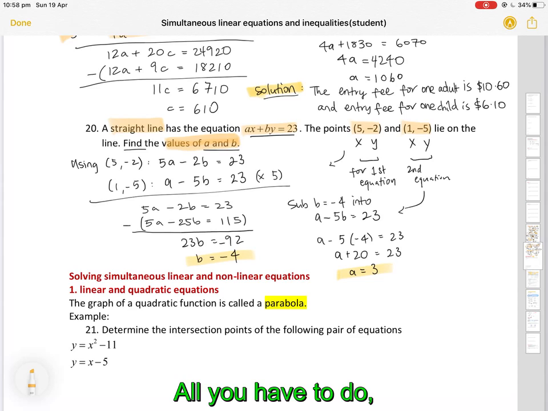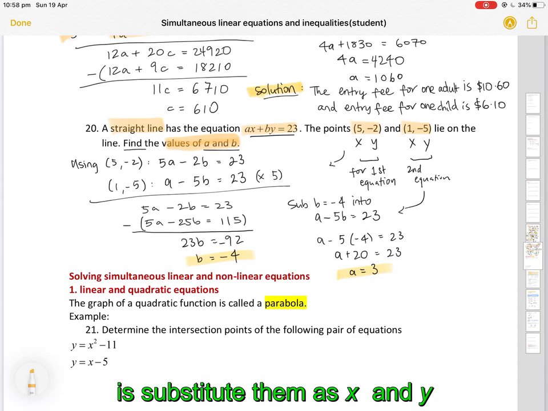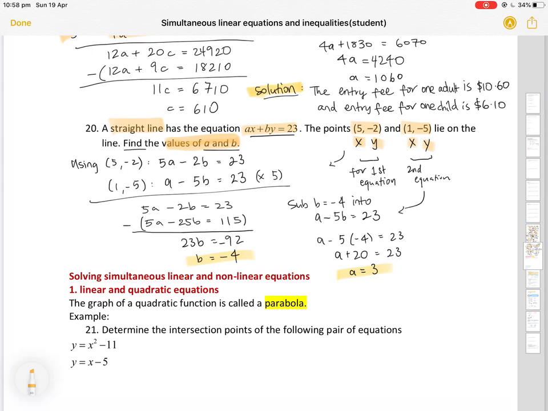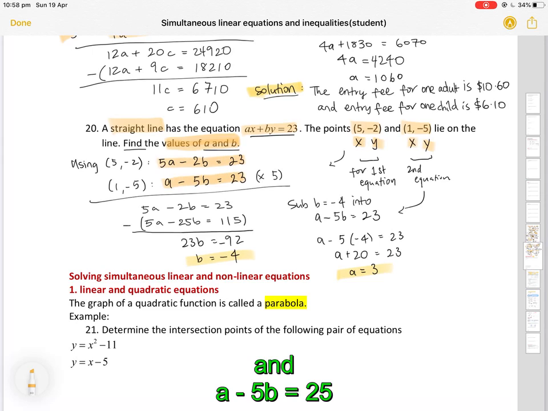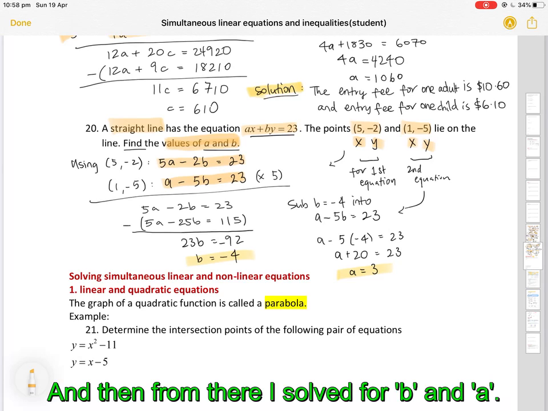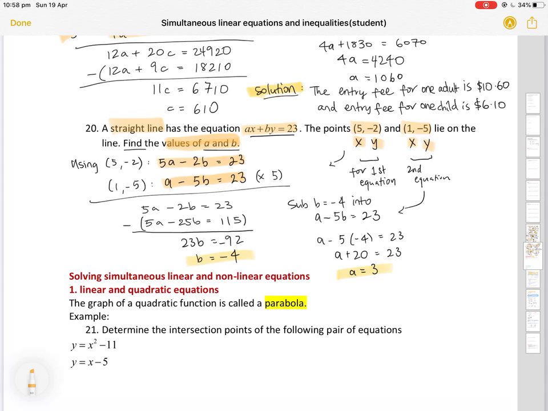All you have to do is substitute them as x and y, and you should get 5a take away 2b equals 23, and a take away 5b equals 25. And then from there, I solved for b and a.